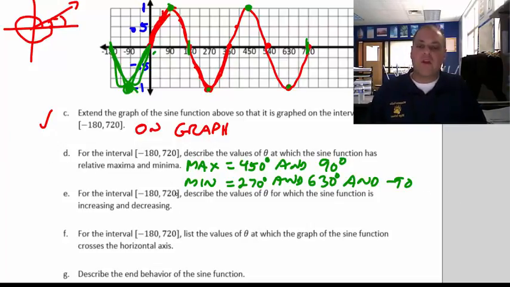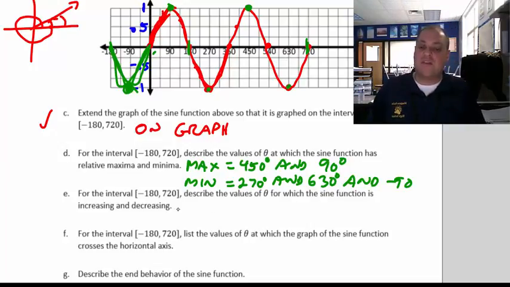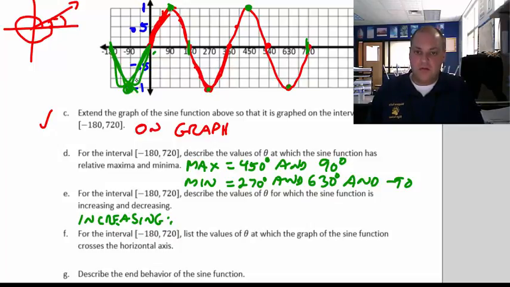Okay. For the interval negative 180 to 720, describe the values of theta in which the sine function is increasing and decreasing. So it's increasing from here to here, from negative 90 to 90.